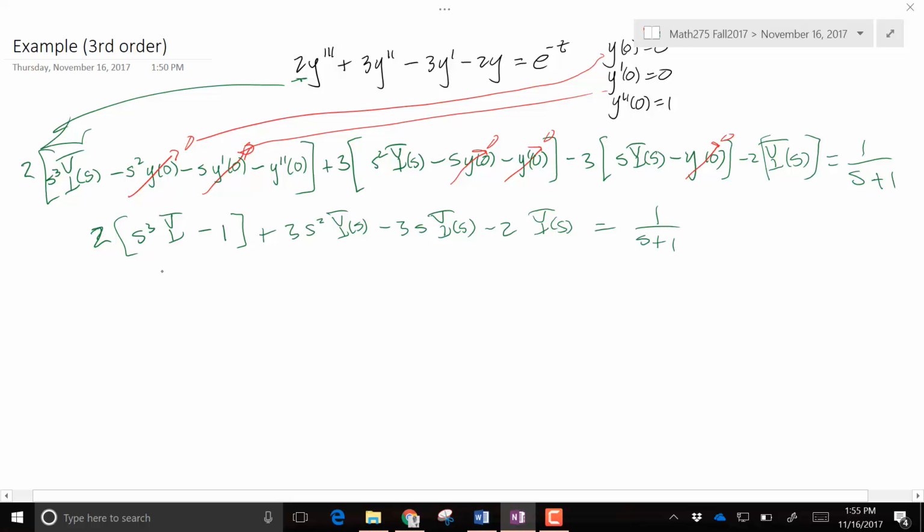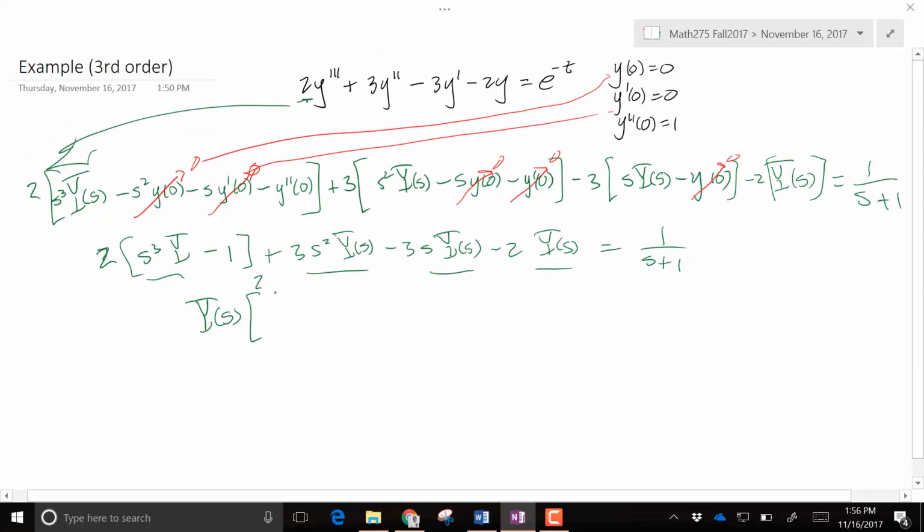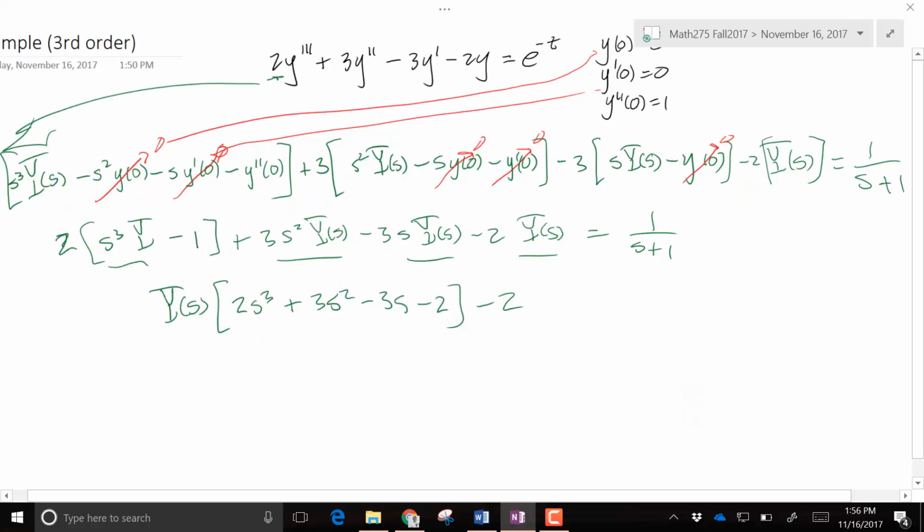And then, if we imagine factoring out the Y of s, which is what we're looking for, what are we going to have left? We're going to have 2s cubed plus 3s squared minus 3s minus 2. And then we have a minus 2, which we'll bring over to the other side.